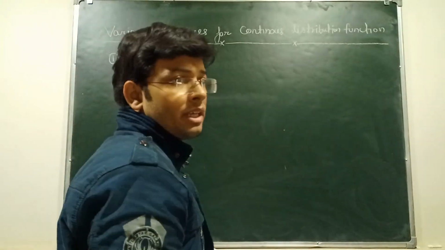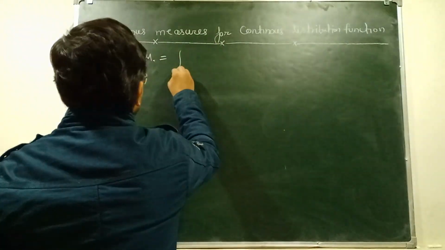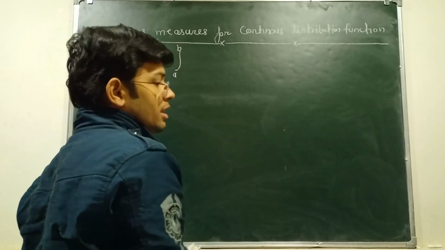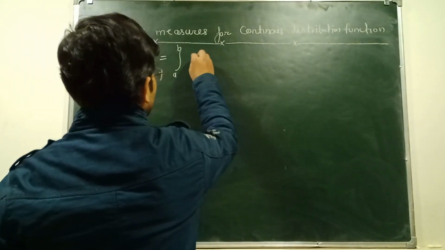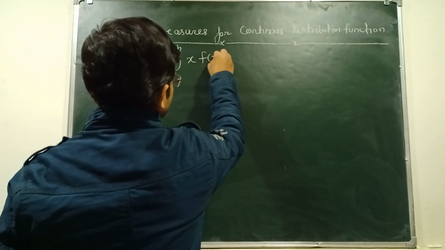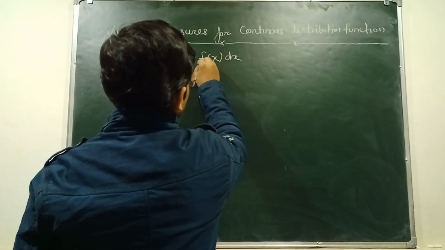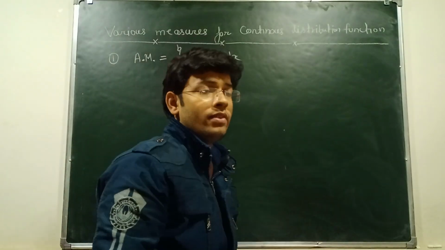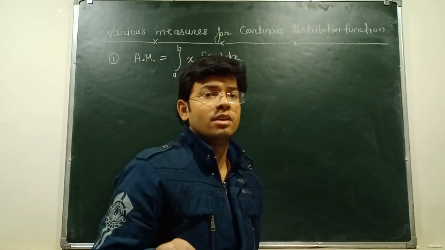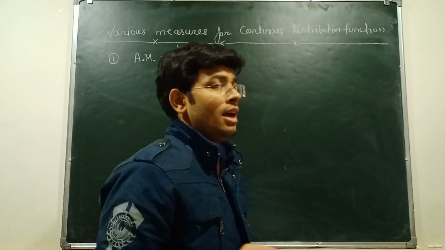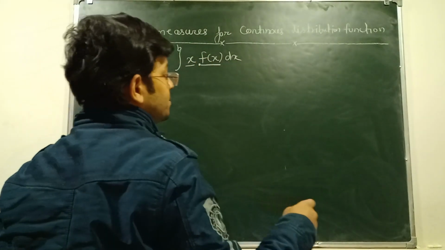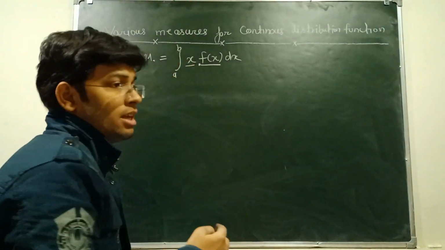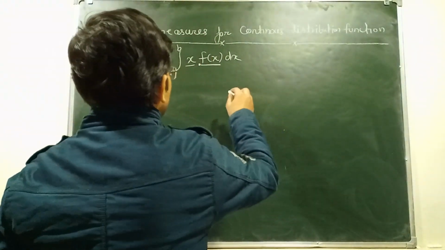The limits are also given in the question, and suppose that the limits are a and b, and f(x) is also given in the question. f(x) is a function already given in the question, and x will come in the case of the arithmetic mean.